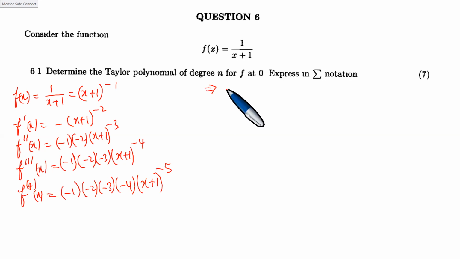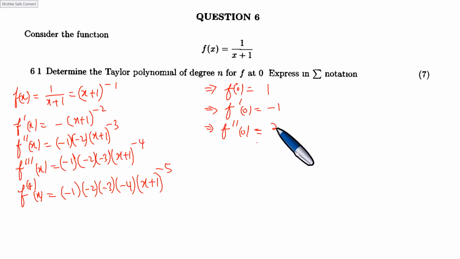So we have f at 0 is 1. If you replace x by 0 in the f equation. Now in the f prime of 0 equation, you replace, and then it becomes minus 1. In the second derivative, what do we get? We get precisely 2.